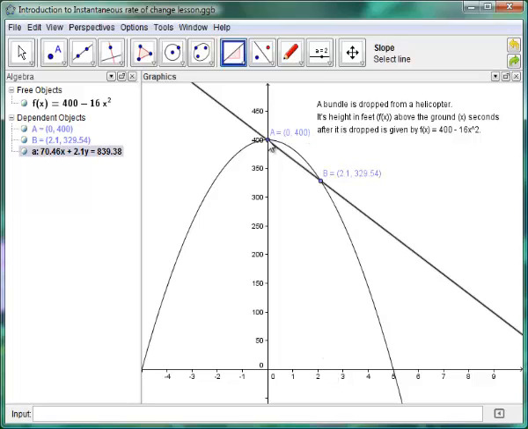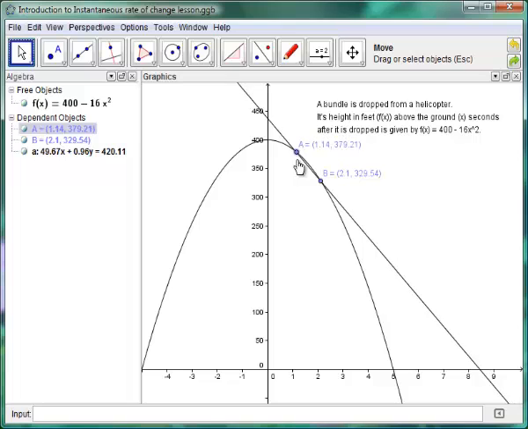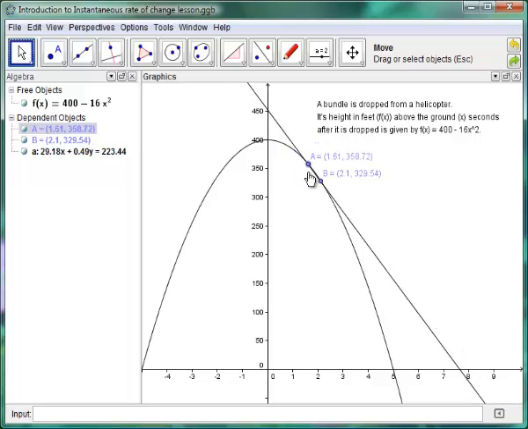Well, what I could do is I could have this point A, and I could try and move it closer. I could try and shorten that interval. And if you look, it looks like my line now is a very close approximation of the actual curve. So I can see it's actually decreasing at a much quicker rate.